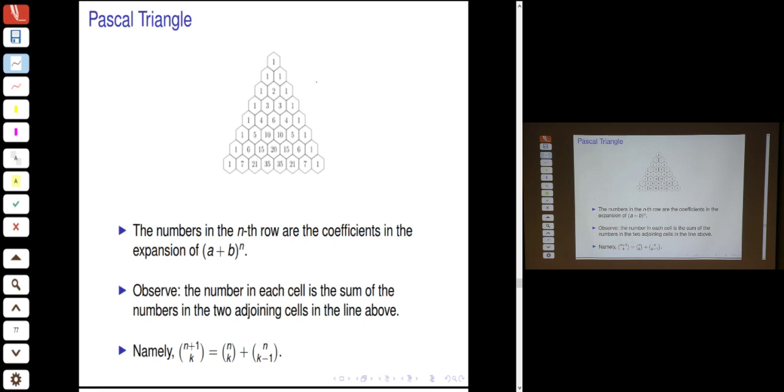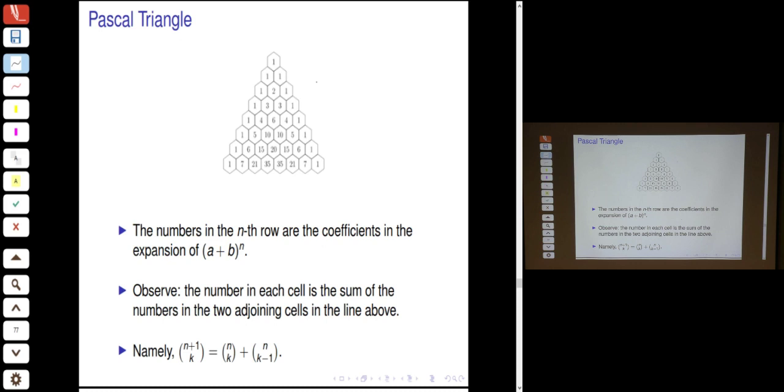You can think of it as formed this way. You have two rows of ones on the border. Now, for any cell in the middle, it has two neighbors, one upper left and one upper right.